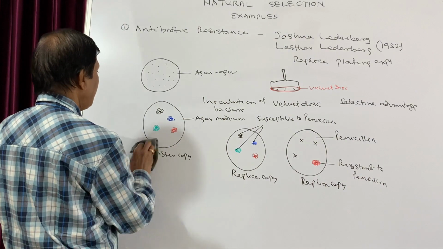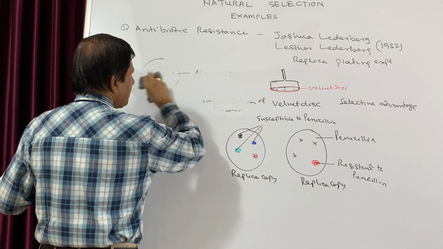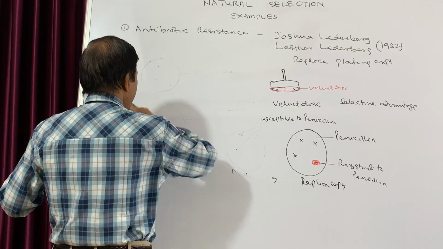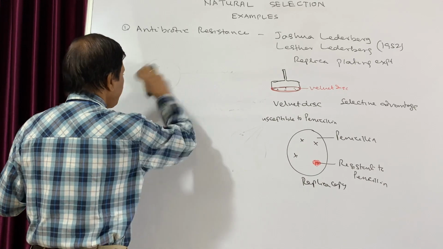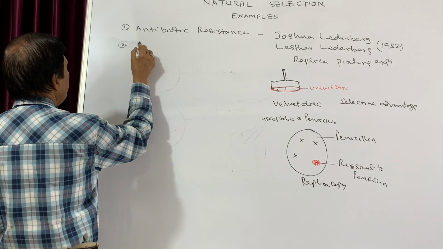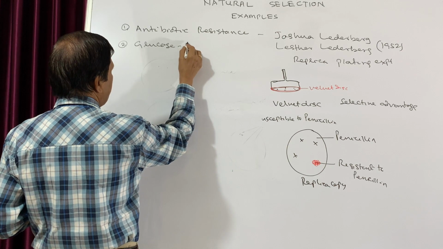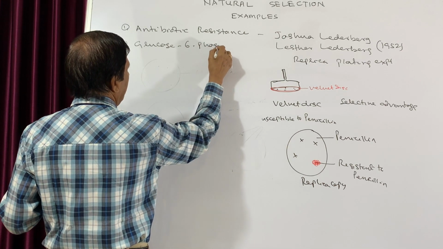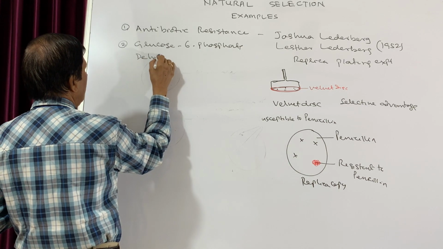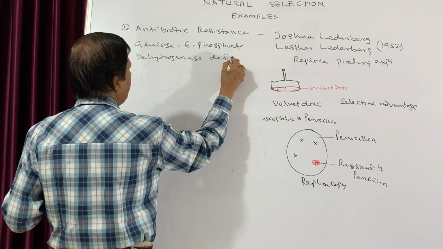Now let us give another example. The second example is glucose 6-phosphate dehydrogenase deficiency.